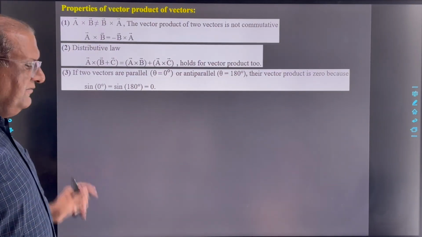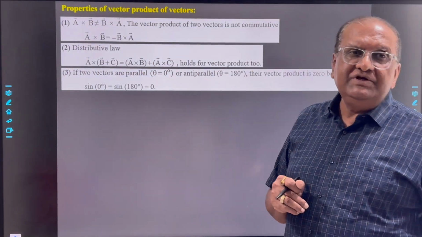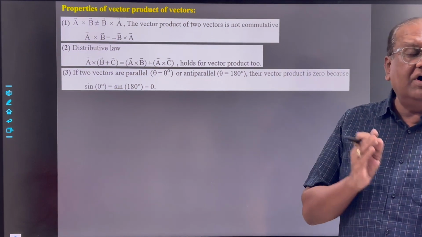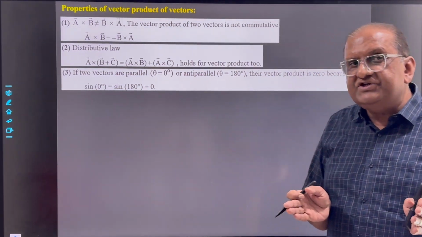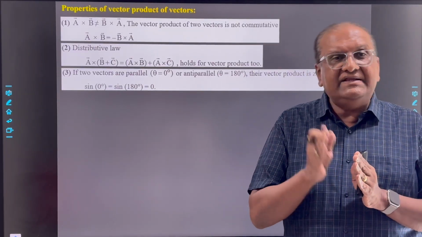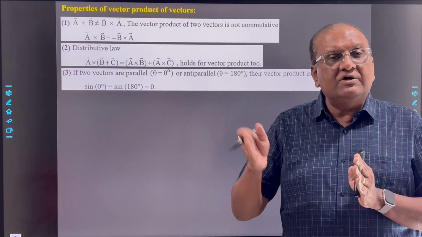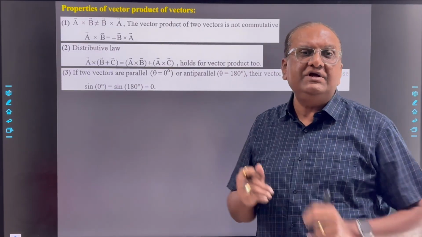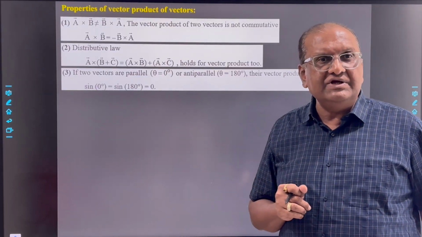Now, if two vectors are parallel to each other, or anti-parallel to each other, in that particular case, if parallel, then theta is 0, so sine theta is sine 0, which equals 0. So A cross B will be equal to 0.